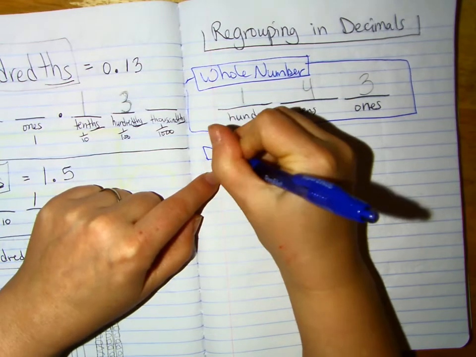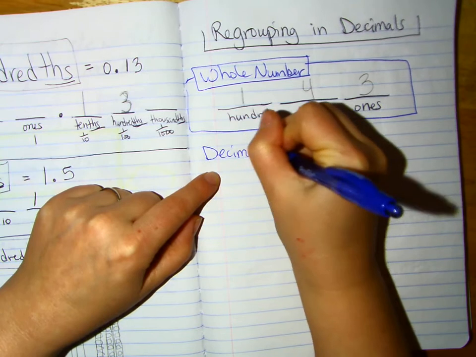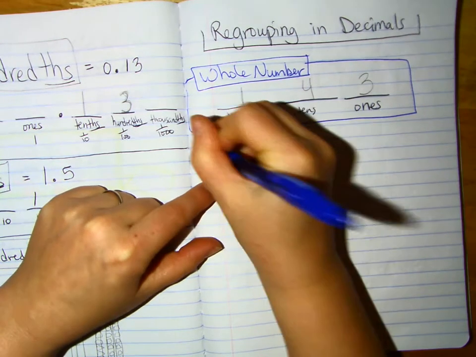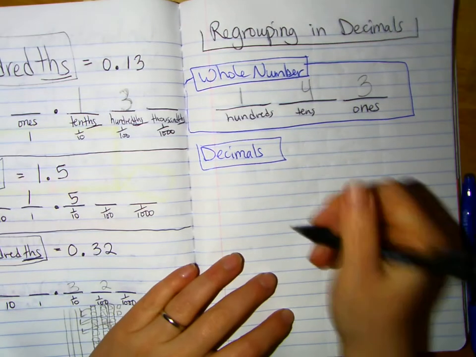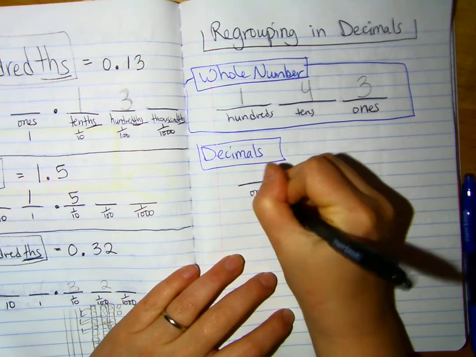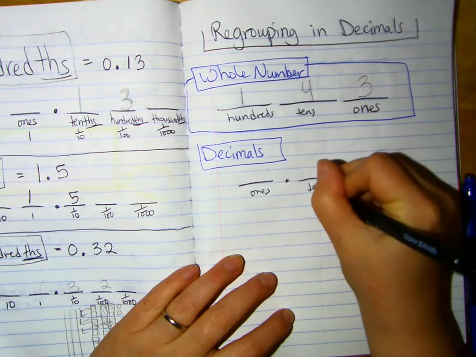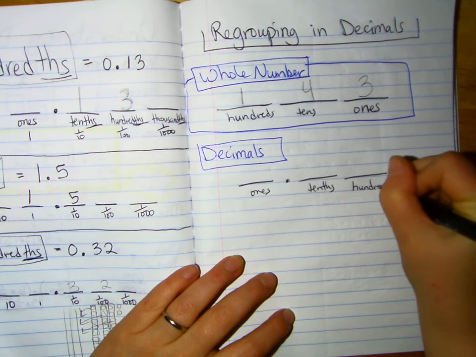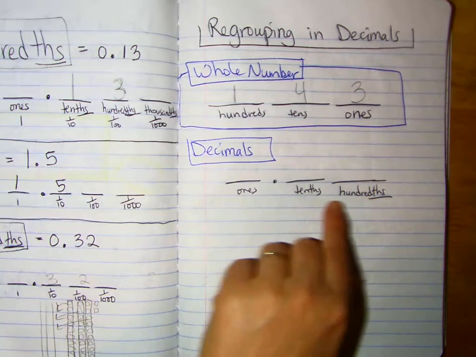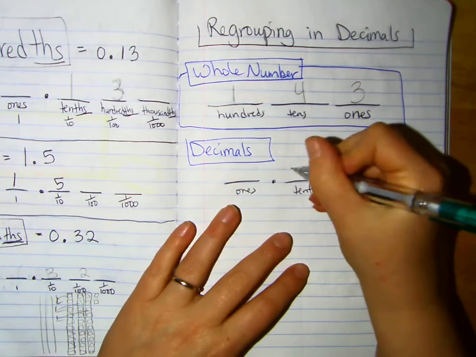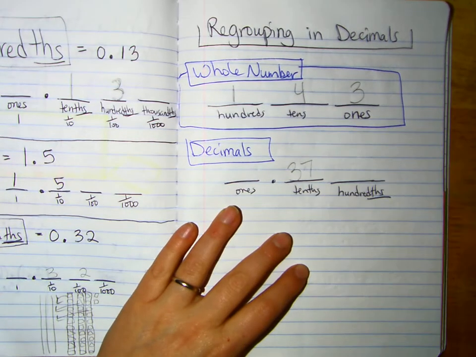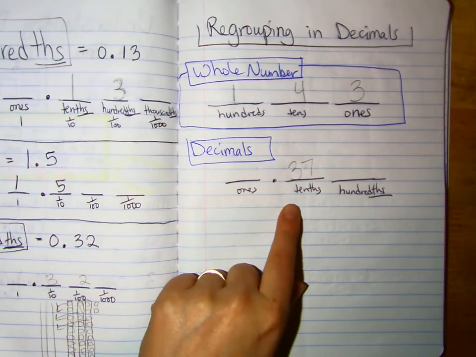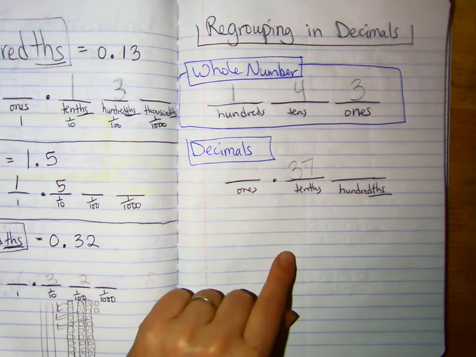So I'm going to write that right here. If we're working with decimals, I can use my place value line. Let's say I've got my ones and my decimal and my tenths. I'm just going to go out to hundredths this time. If I was given something like 37 tenths, you guys know I can't let both of those digits live in that space.